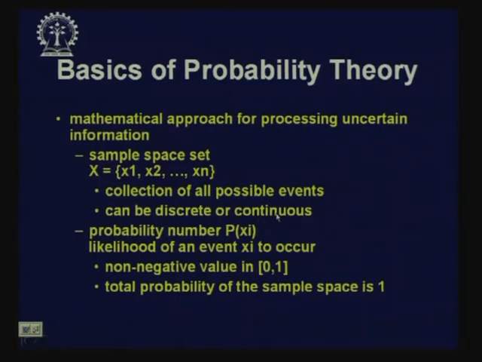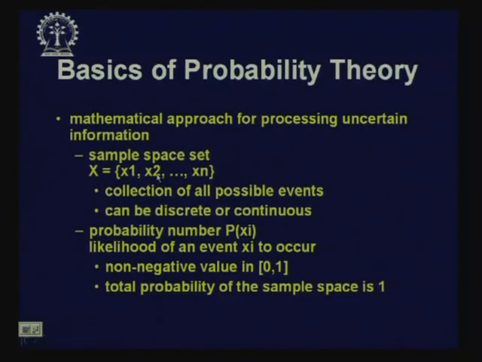So, that is a set. It can be discrete or continuous. For example, when I think of the possible temperatures that can be there tomorrow, the typical weather report, what will be the maximum temperature? It can vary in a continuous range.